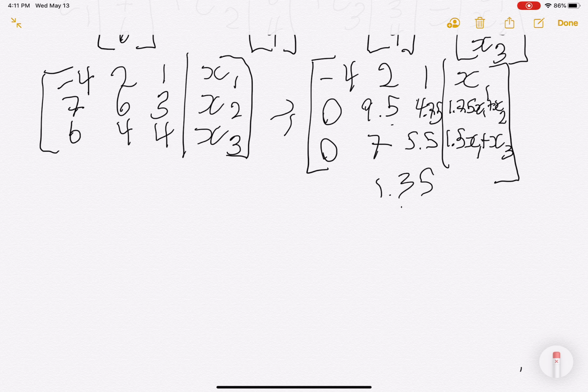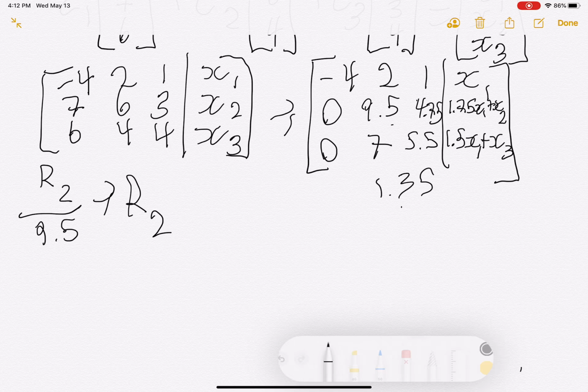The problem is, here actually what we can do is let's just divide row 2, because I picked this problem on the spot, so row 2, divide that by 9.5. Might regret this in the future, but changes go to row 2, obviously. So let's just do that real quick.